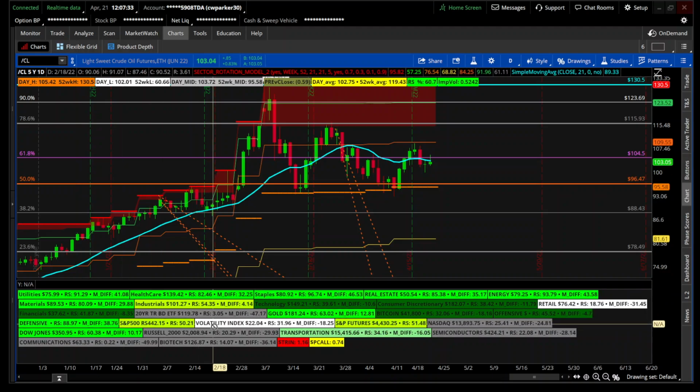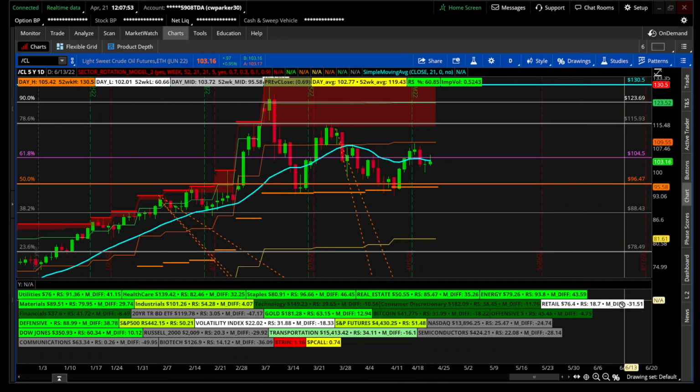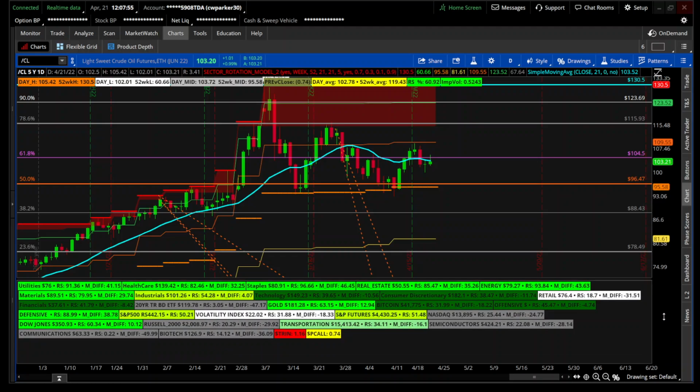And if it's below its mid point between the 52-week high and 52-week low, but the short average is above its mid average, it'll be white. Just to give you a heads up to see what's going on. Retail would probably be the best example of that. But the other colors are in there.